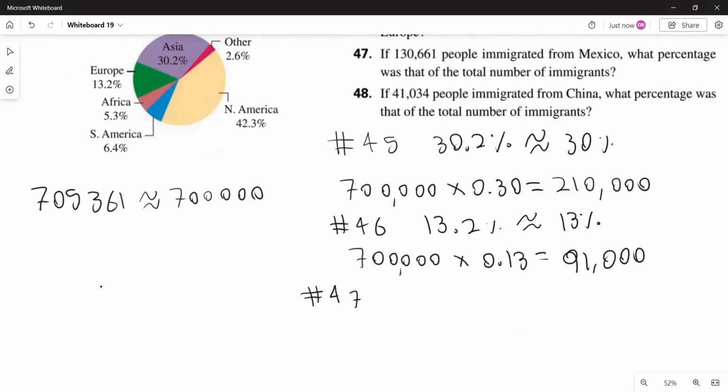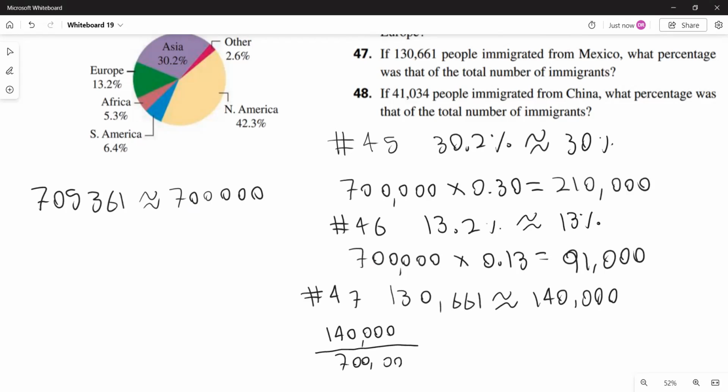In this case, it's going to be 14. 130,661 is approximately 140,000. Okay, so we're going to find the percentage: 140,000 over 700,000. That's approximately 20%.